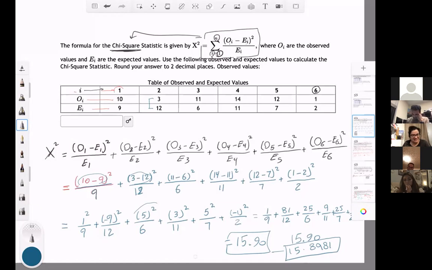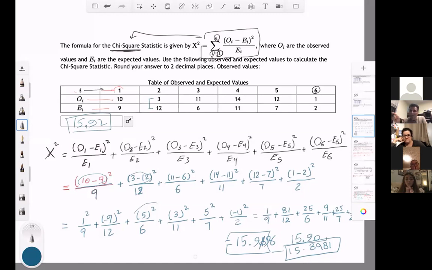Naz, probably you did something. Sarah, did you get 15 point? I got 15.916, and that would be rounded to 15.92. Naz, you're almost right. I don't think you mistyped anything, because if you mistyped it, it would give you a totally different answer. Looks like your calculator already rounded for you.